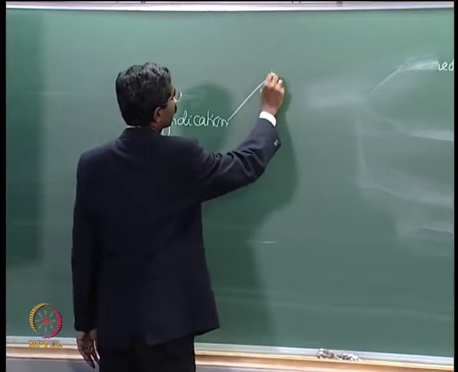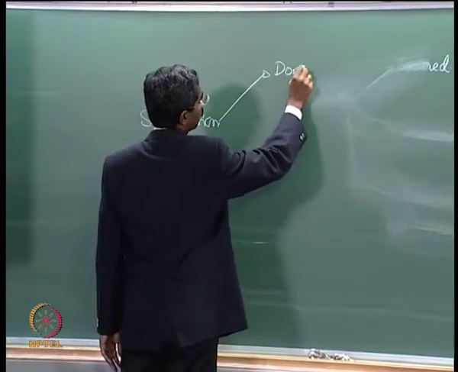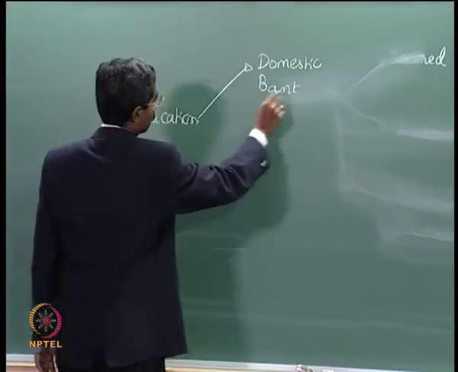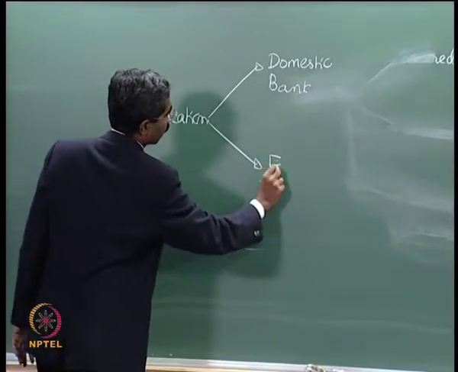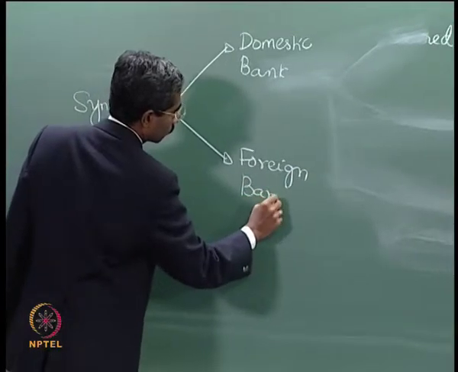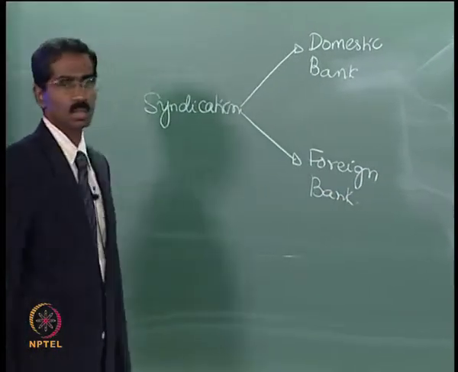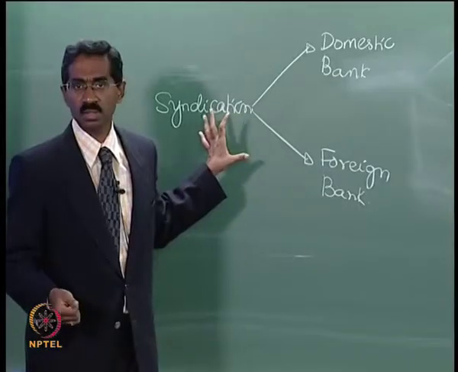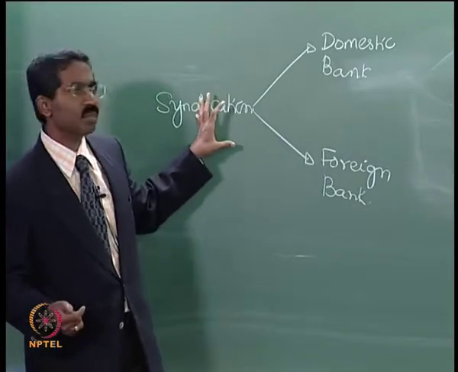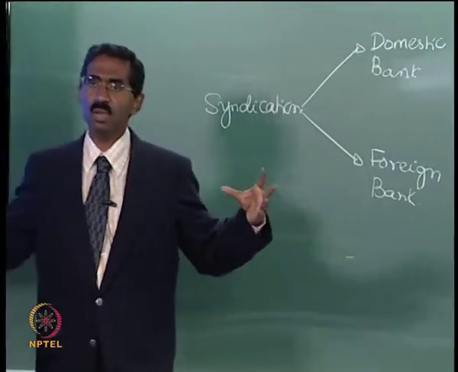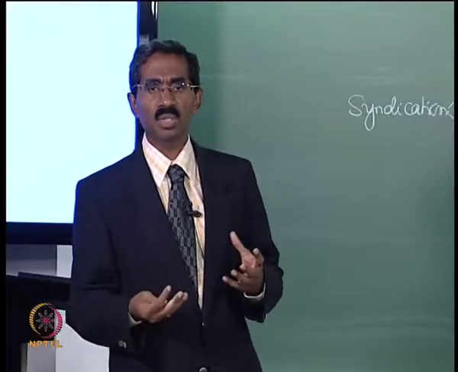So in the same syndication, you can have a domestic bank as well as a foreign bank. The lead arranger is responsible for putting together the syndication of partners, and in the same syndicate you can have a domestic bank, a foreign bank, and all the investors who are planning to invest in the project.